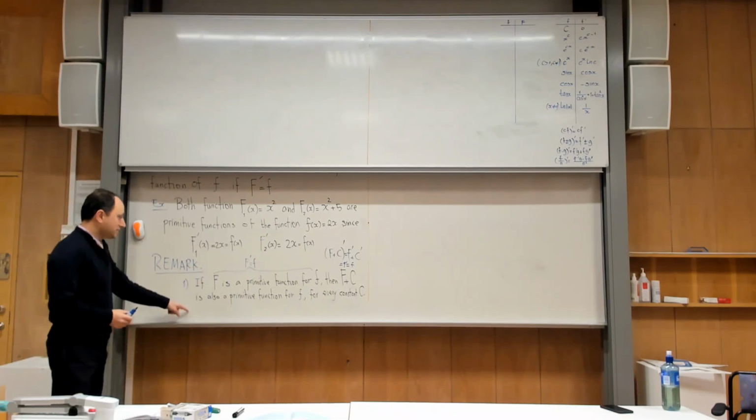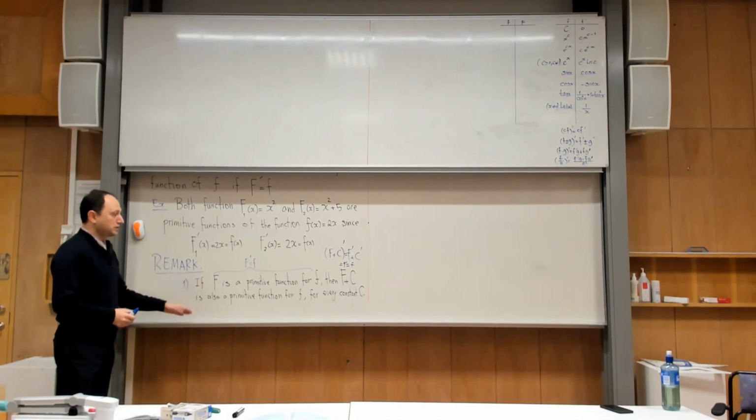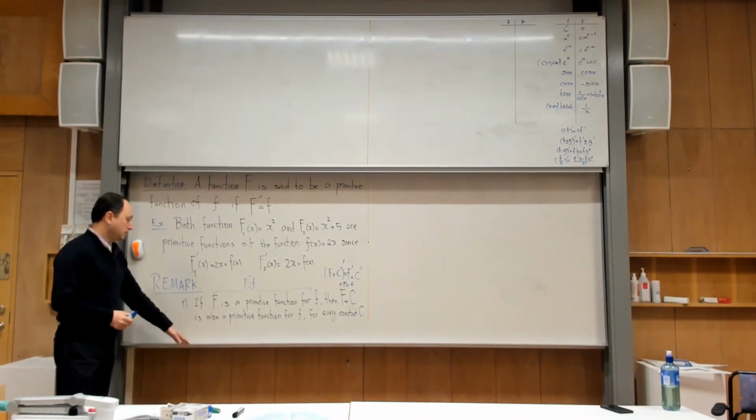But I want to write the second one, I want you to know it, but the proof is not that trivial. You need a little bit more advanced theorem to be able to do that.